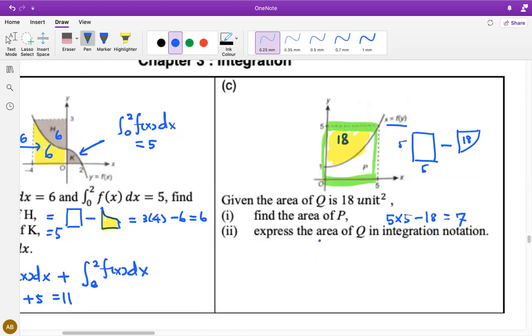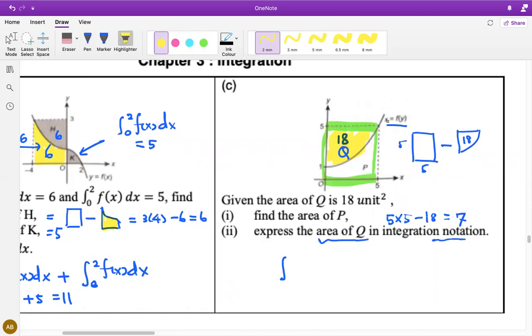So express the area of Q in the integration notation. Let me check. Area of Q. So area of Q in terms of integration notation.